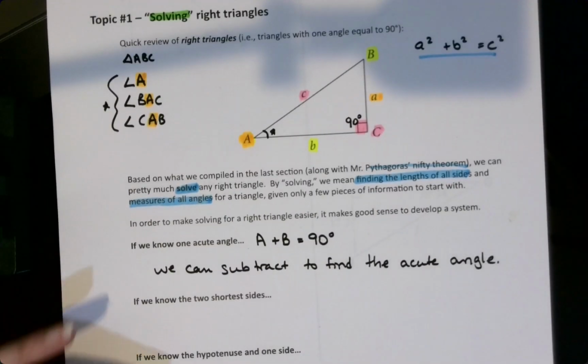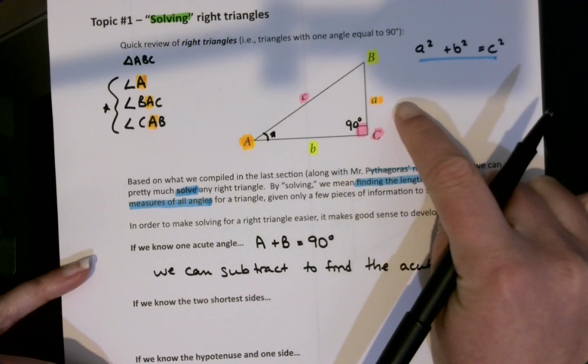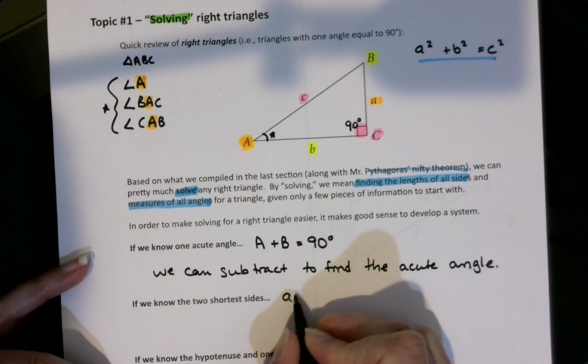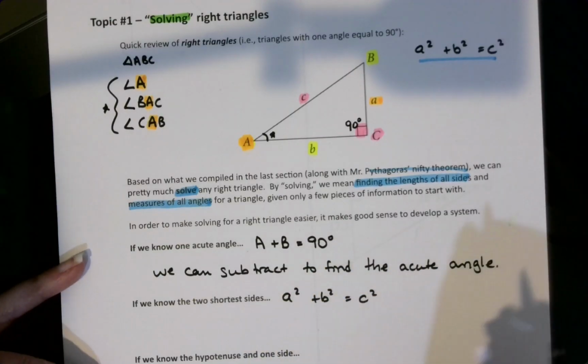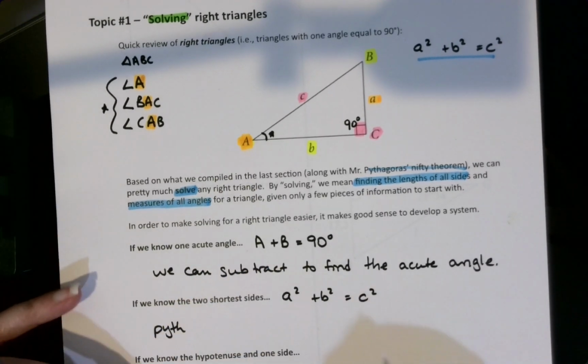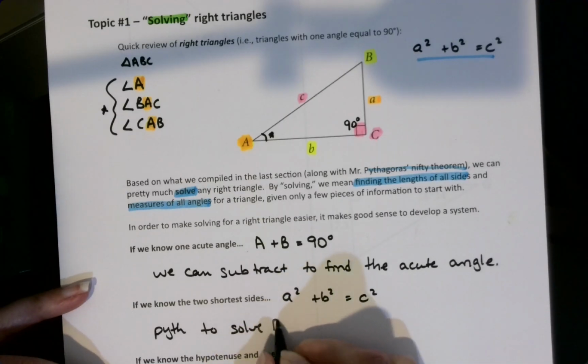If we know the shortest two sides, that's going to be the Pythagorean theorem to find c. So we're going to know a squared plus b squared equals c squared. We can use the Pythagorean theorem to solve for c.